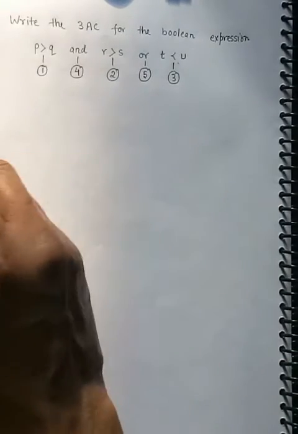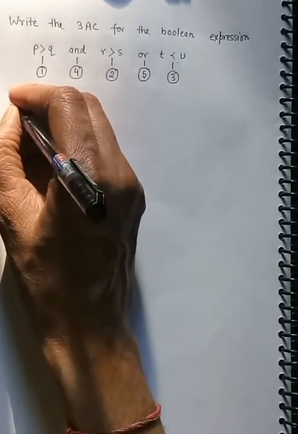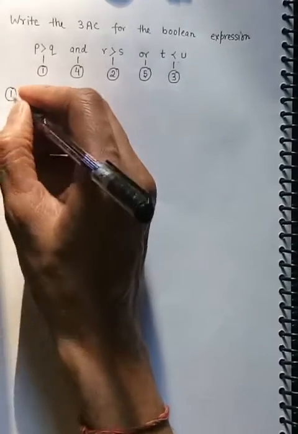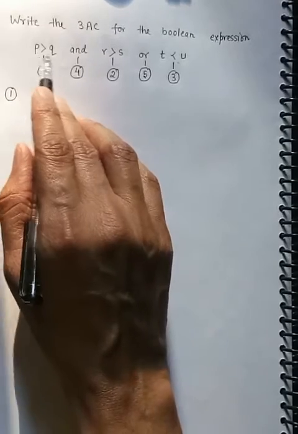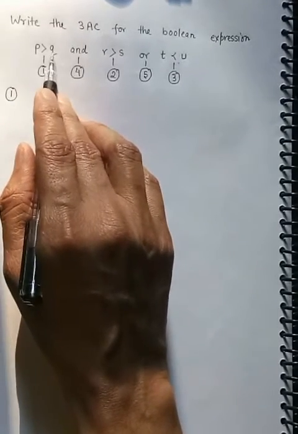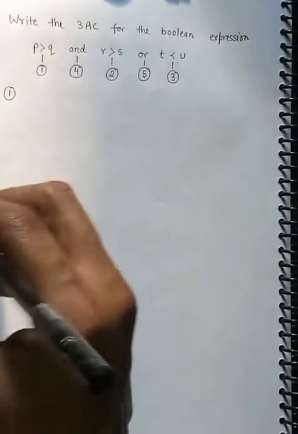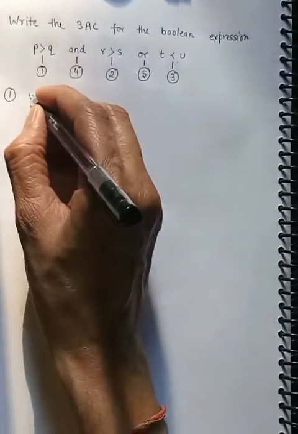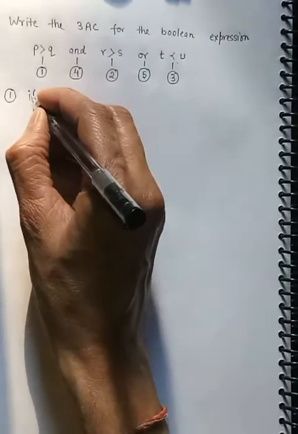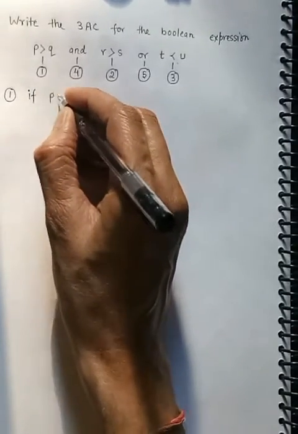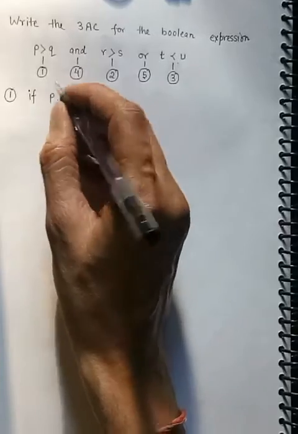So let's start designing the three address code. Our first task is to evaluate whether p greater than q or not, and store its value in a compiler generated temporary variable. For this we are going to write a statement: if p greater than q, because we are going to evaluate this expression.